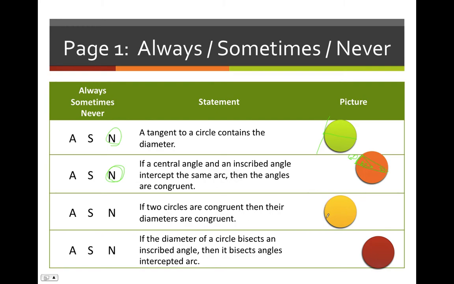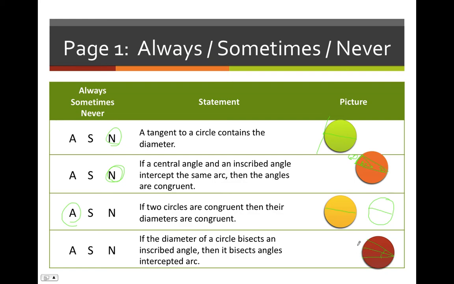If two circles are congruent, then their diameters are congruent. That would be always. The diameter is really the only thing that differentiates our circles. If the diameter of a circle bisects an inscribed angle, so here's the diameter, and it's going to bisect this angle, then it bisects the angle's intercepted arc.